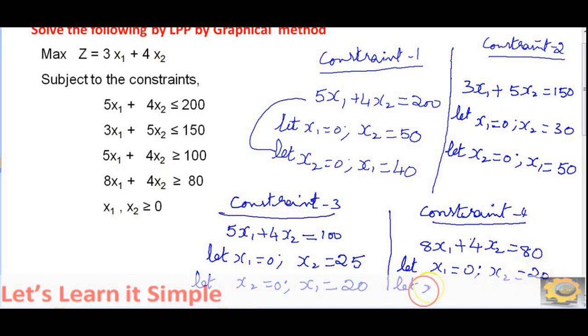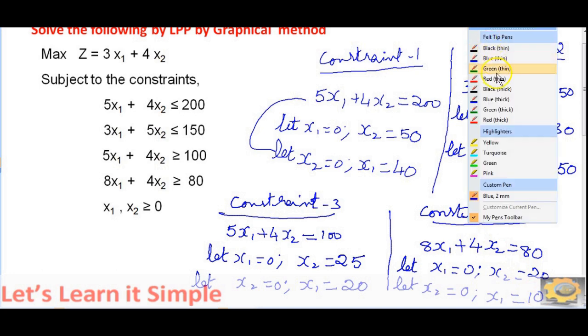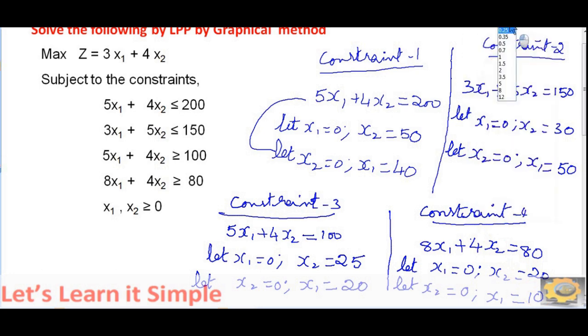If x2 is taken as 0, I will get x1 as 10. So, from these constraints, we got these values.